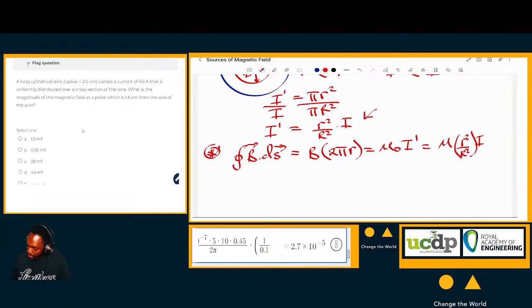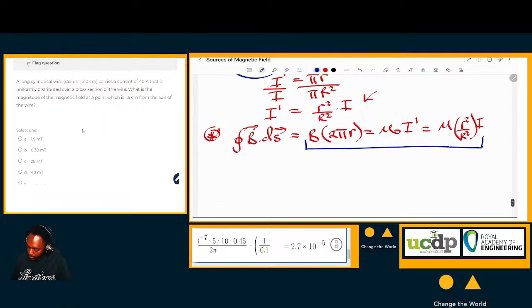So you can now equate this and that. So that becomes your B 2 pi r equal to your mu naught r squared over R squared I. And you can find your B now, your magnetic field B, which is what we're looking for.